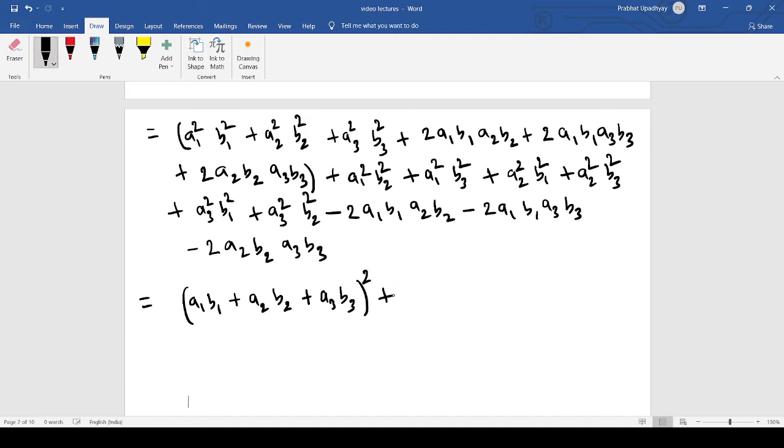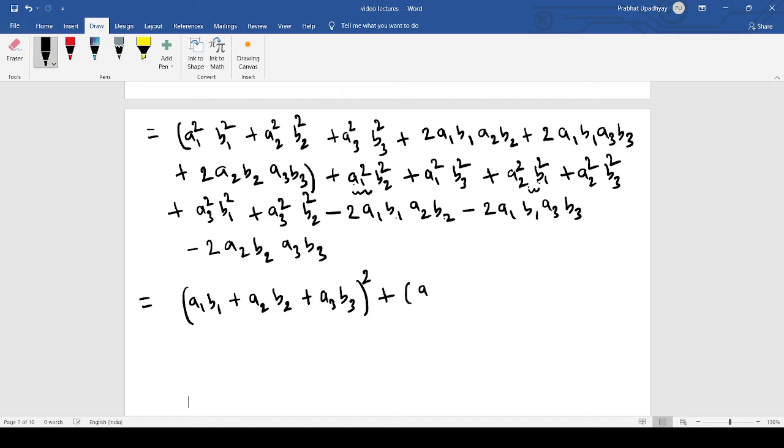Now what will I do? Since I here have a1 b1 a2 b2, so if I see this from here I will have a1 b2 and from here I will have a2 b1. So I will combine these two terms.